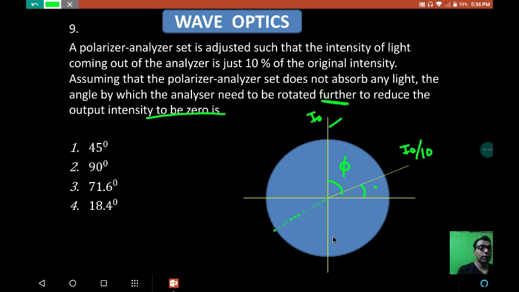So from here, let us solve mathematically. We use Malus law, which says that the intensity I is equal to I naught cos square theta. Here we use phi, so this is cos square phi. So the intensity after making some angle is going to be I naught by 10.